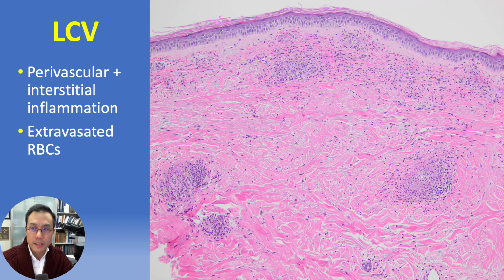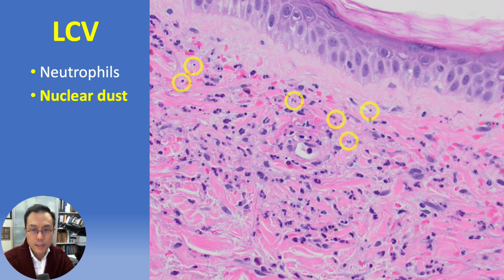Extravasated erythrocytes, if prominent, will impart a somewhat reddish hue to the infiltrate even from the panoramic view, but invariably will be present at higher magnification. In concert with extravascular neutrophils and neutrophil nuclear fragments, leukocytoclastic nuclear debris, or nuclear dust.